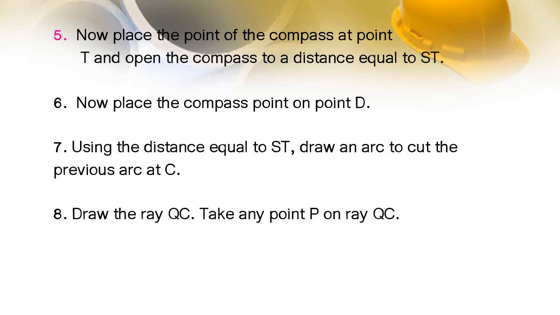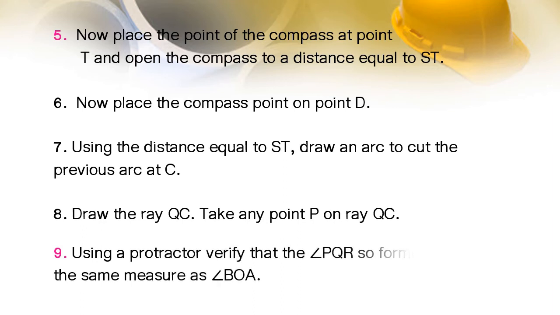Draw the ray QC, that is, join Q and C. Take any point P on ray QC. So using a protractor, verify that angle PQR so formed is of the same measure as angle BOA. So in this way, we can draw an angle equal in measure to a given angle.